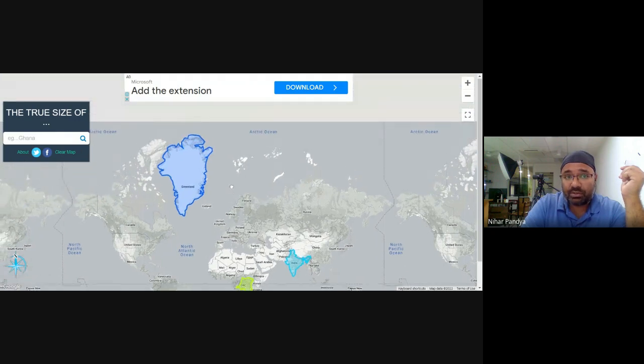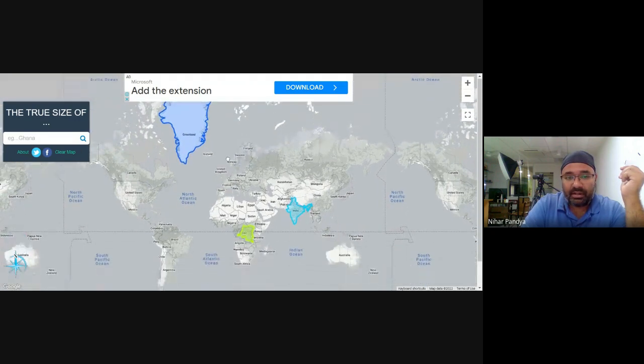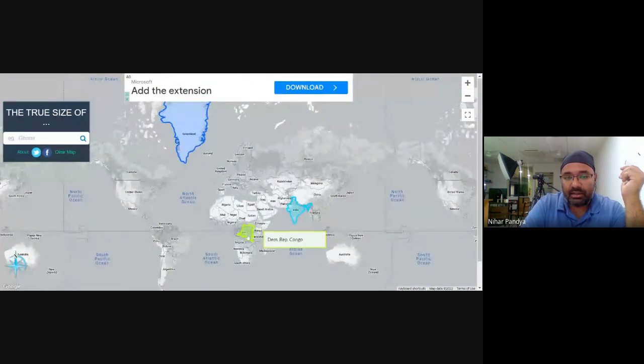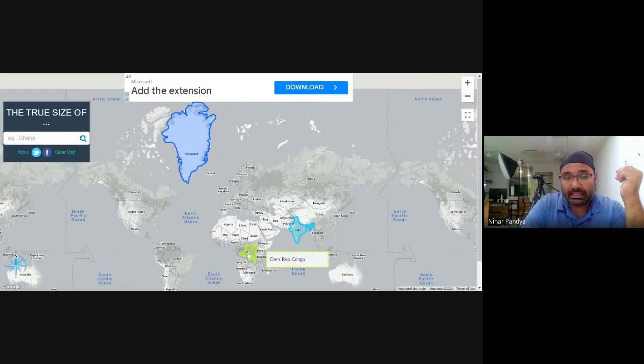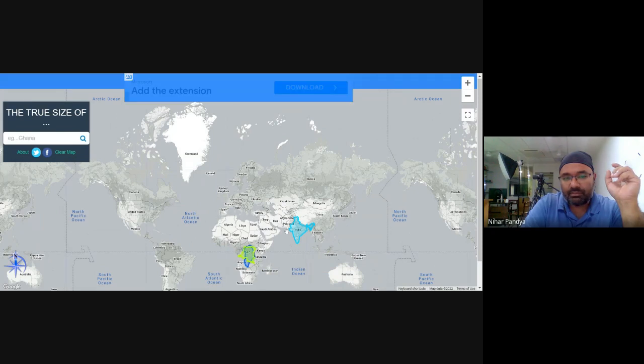So Greenland looks really, really big, right? And this is DRC, Democratic Republic of Congo. But if you check online, the area of these two is almost exactly the same. And if I take this here, this becomes that big, or vice versa. If I take Greenland to the center, that becomes that small.